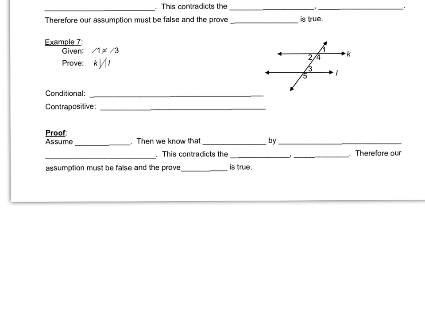It says you are given that angle 1 is not congruent to angle 3. You have to prove that K is not parallel to L. So let's first write our conditional, rewriting the sentence using if and then. So it will read, if angle 1 is not congruent to angle 3, then K is not parallel to L. Now the contrapositive will be you reverse that and add a not.